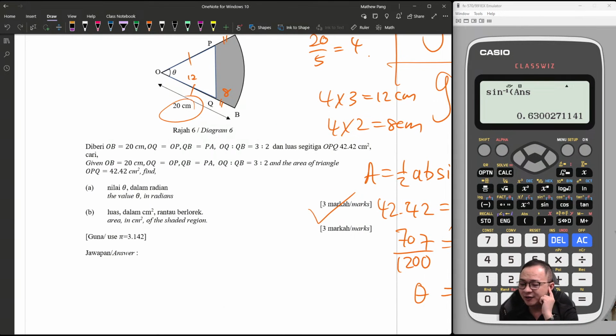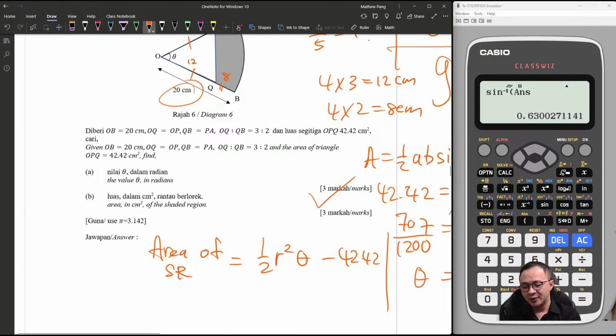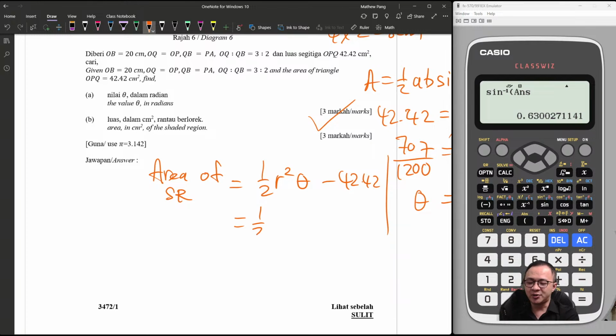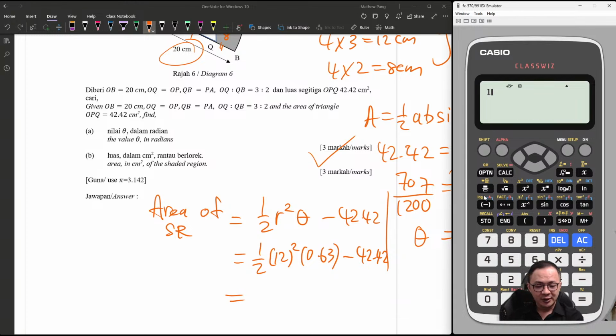Okay, area of shaded region, just find the area of sector minus the triangle, that's all. So, area of shaded region. Sector is half r squared theta minus the triangle 42.42. That's all. It's a bonus question. So this one will be 12 squared, theta will be 0.63, minus 42.42.